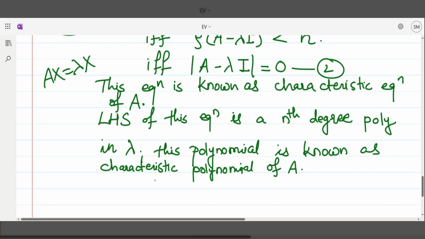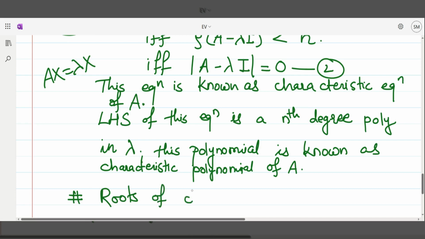So if I solve this equation, determinant of A minus lambda I equal to 0, we are going to get values of lambda, or basically roots of the above equation.